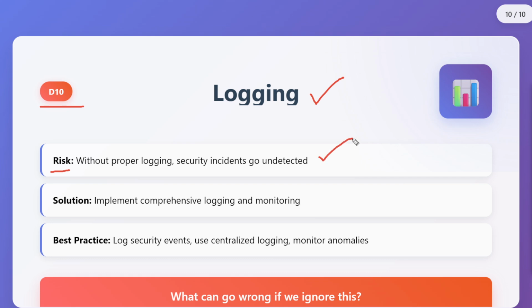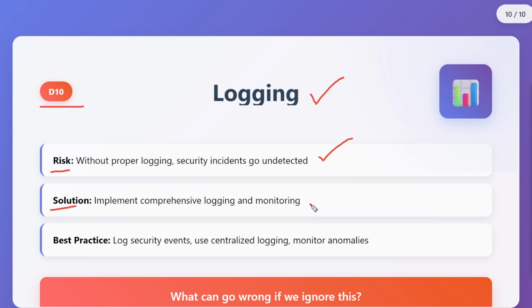If we don't log container activity, you obviously won't know if something goes wrong, and attacks, misconfigurations or failures can happen silently without any notification or alert.